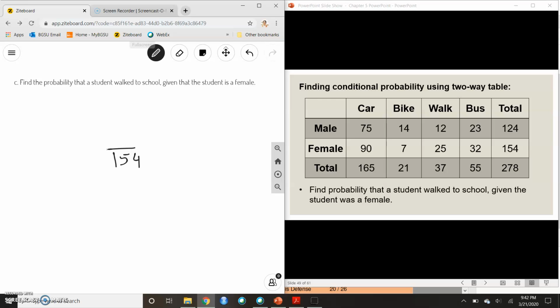That total becomes our denominator. Out of the 154 female students, how many of them walked to school? We find that 25 of them walked to school. So our answer to this problem is 25 over 154. So the probability that a student walked to school, given that the student is a female, is 25 over 154.